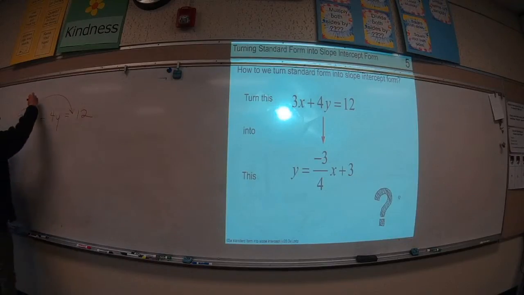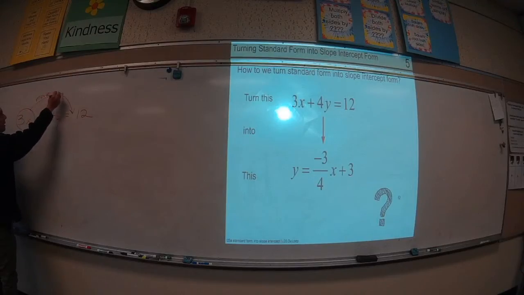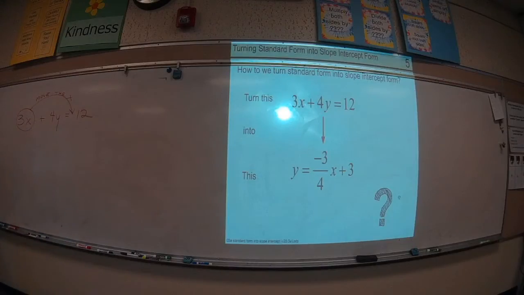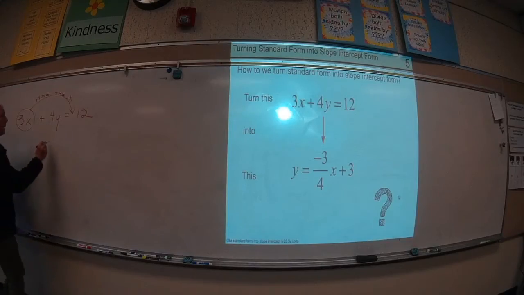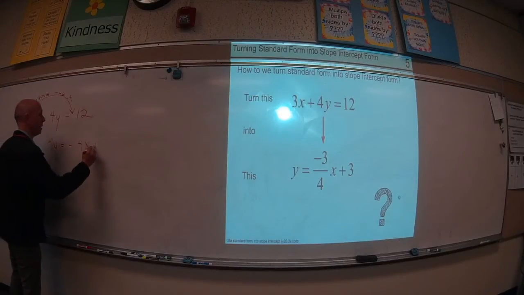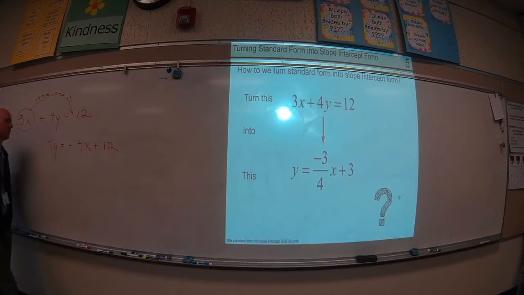On top of this, I'm going to write move the x. Petnap, question? Isn't it true that when you move the x, it becomes negative? It does become a negative when I move the x. It would become 4y equals negative 3x plus 12.